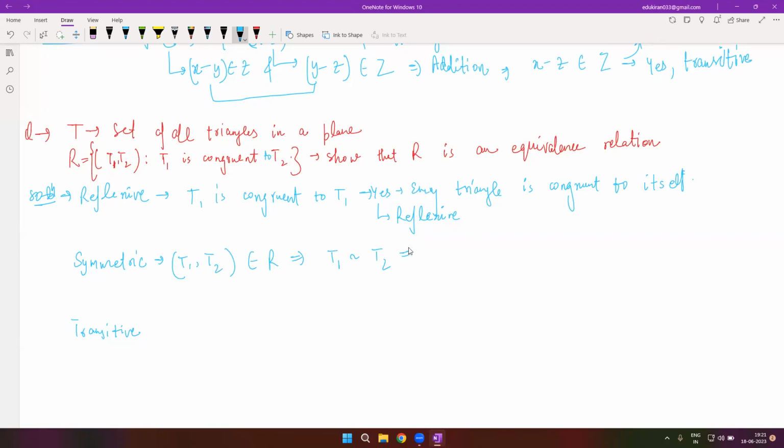No? You write it like this or you write it like this. You take T1 first or you take T2 first. It doesn't change things. And if you're writing T1 is congruent to T2, which also implies that T2 is congruent to T1, it means that T2 comma T1 is also a part of it. If T1, T2 is a part of the relation, then T2, T1 is also a part of the relation.